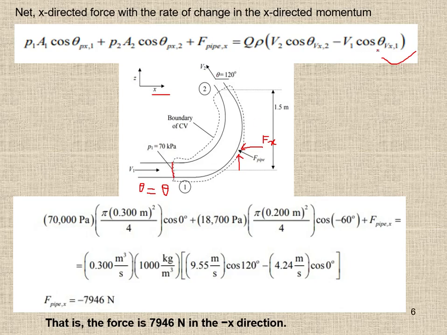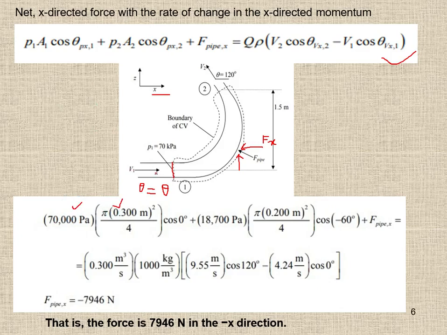This is how we develop the general equation of all the forces in the x direction. Now let's put in the values of all the variables. Here P1 was given as 70 kilopascal, and we inserted it here. The area we calculated, we put it here, and theta.